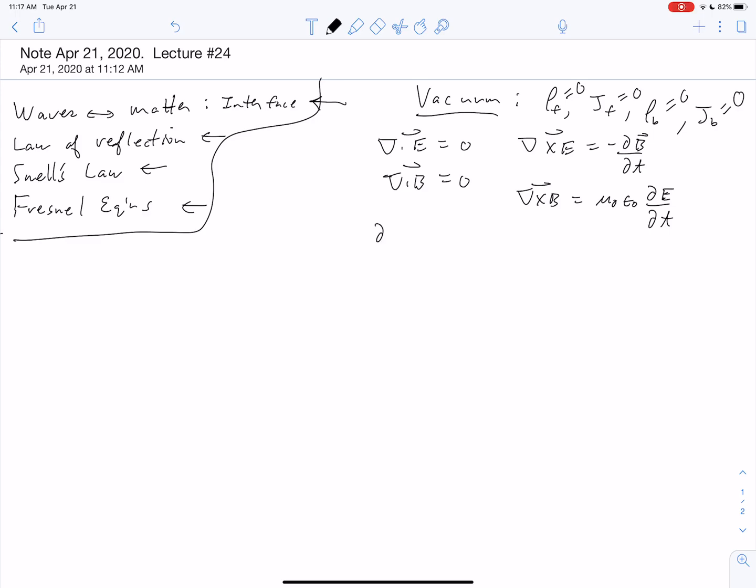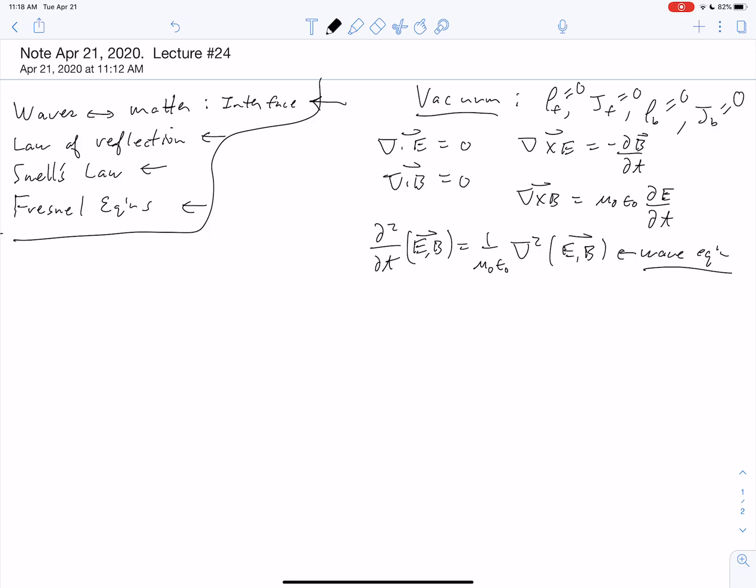The second derivative with respect to time of either E or B is equal to the second derivative with respect to space of E or B, times a proportionality constant, which is the velocity squared, which is 1 over mu naught epsilon naught. So that's the wave equation that we've been studying already.